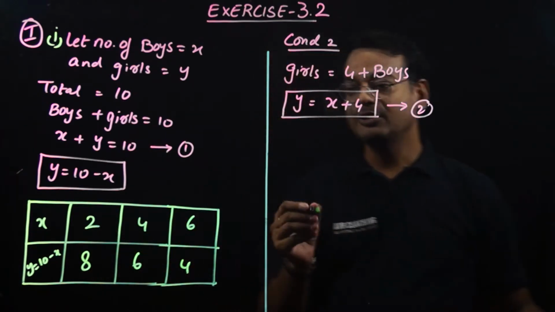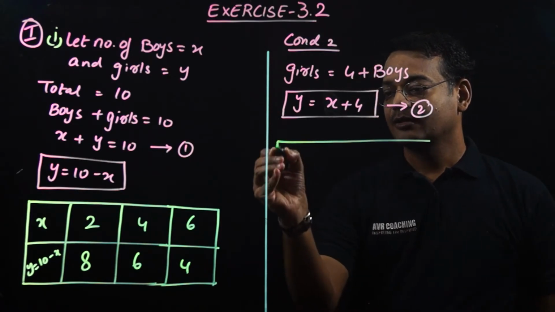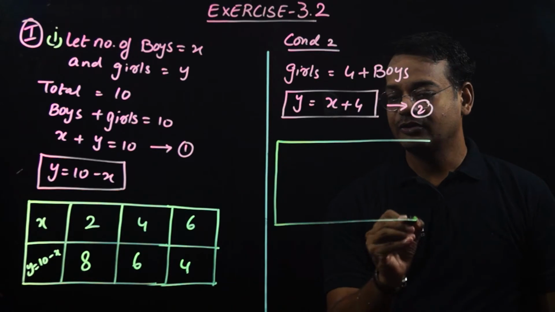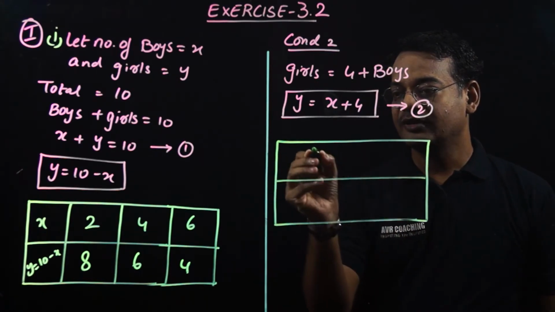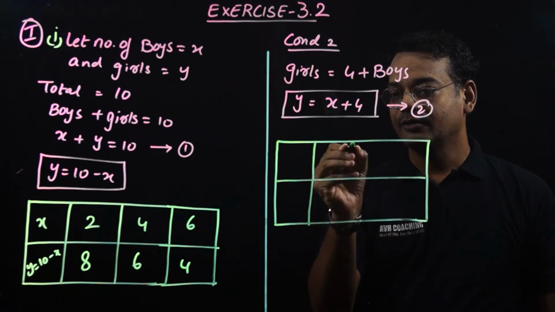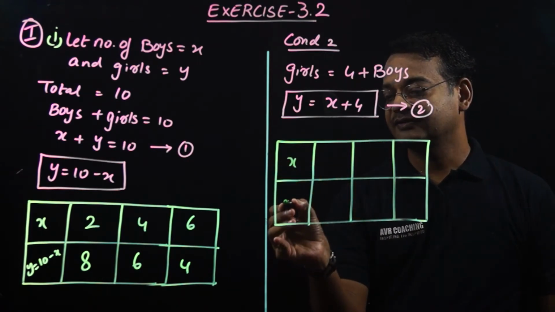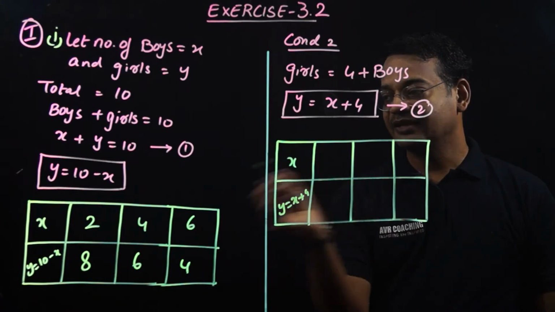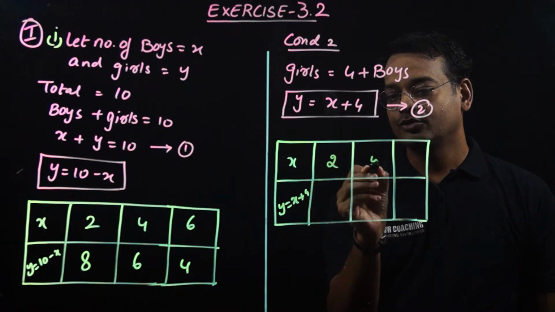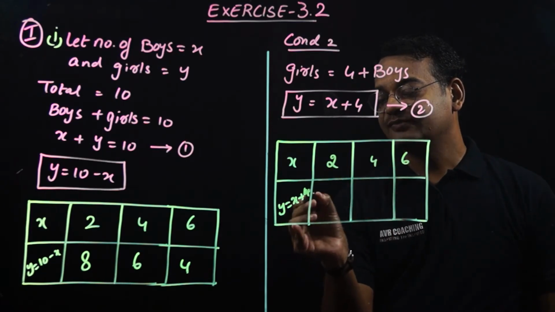Now coming to the second condition, again we will draw a tabular column to assume x values and get y values. Here also I am going to take 3 values for x, the same values 2, 4, 6, and y is x plus 4.